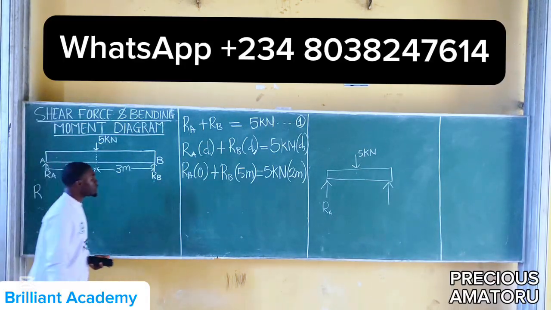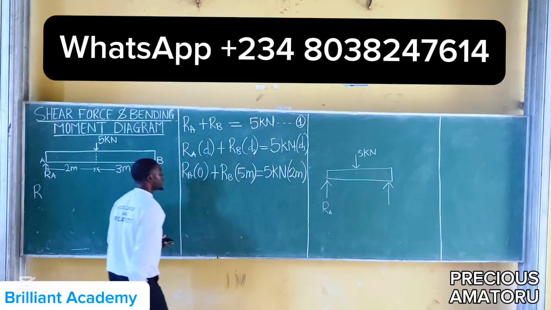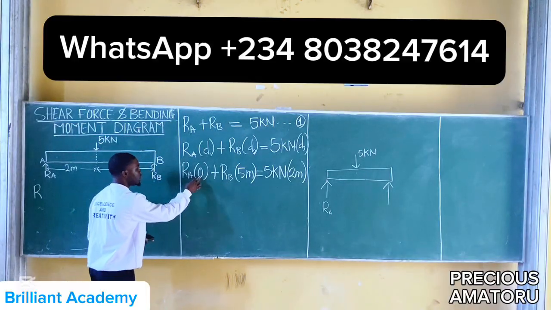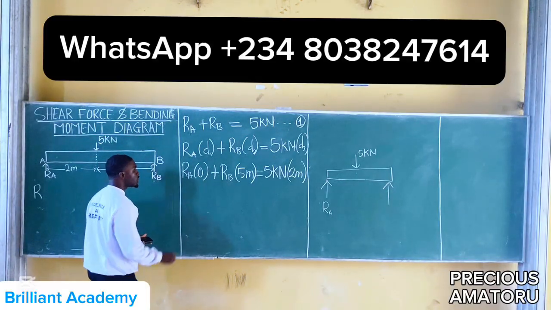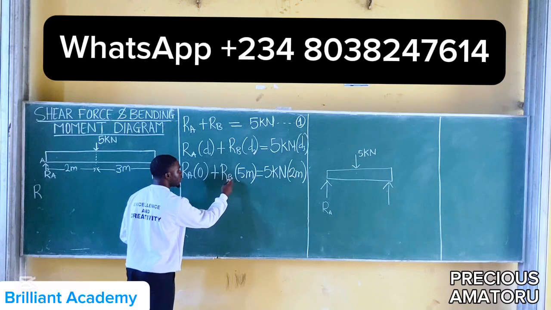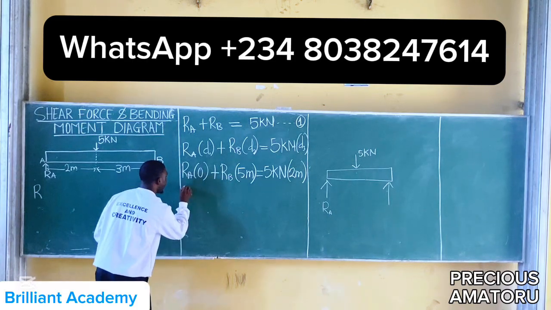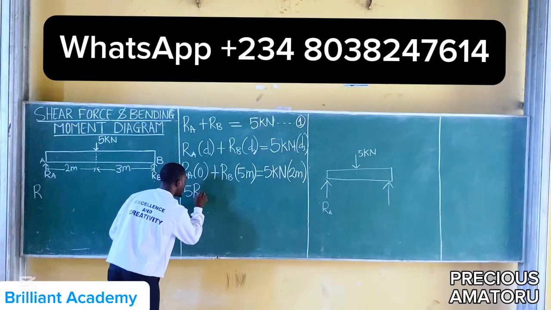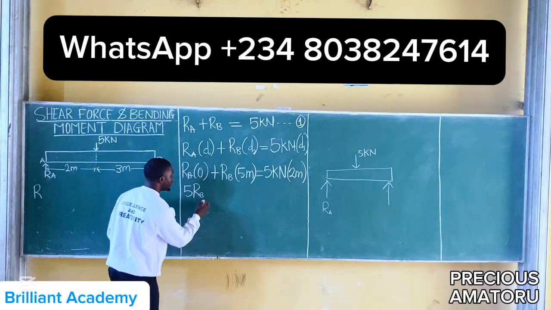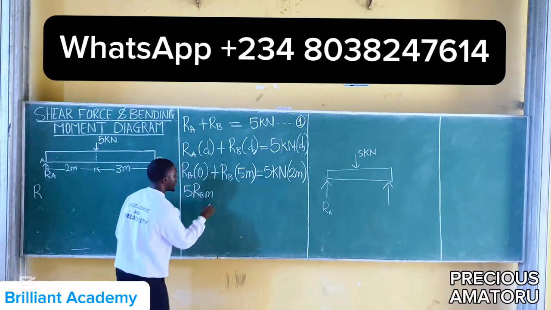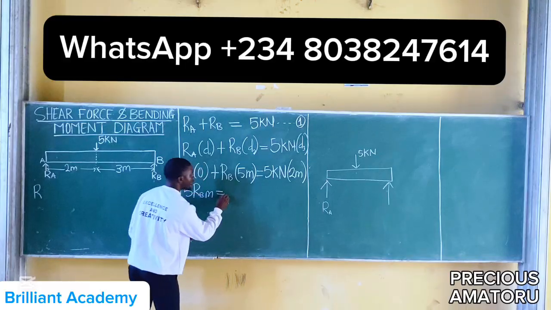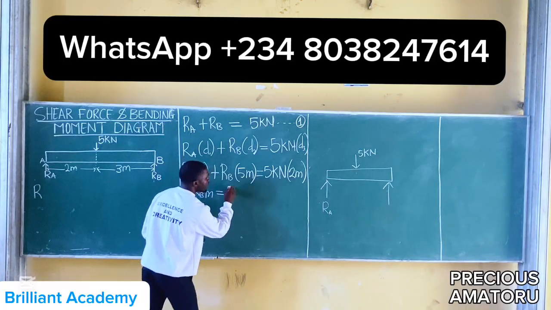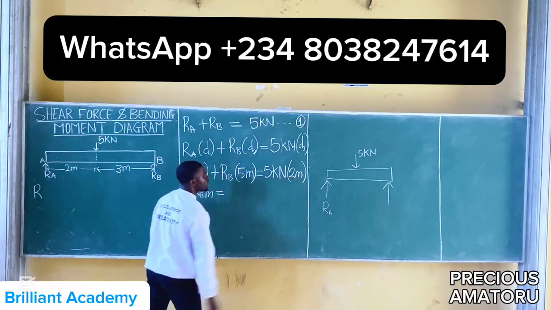Alright? So following this expression, notice this is 0, so this is going to cancel out. So we have RB multiplied by 5 meters. So we have 5 RB, in meters, is equal to 5 multiplied by 2, that's 10.